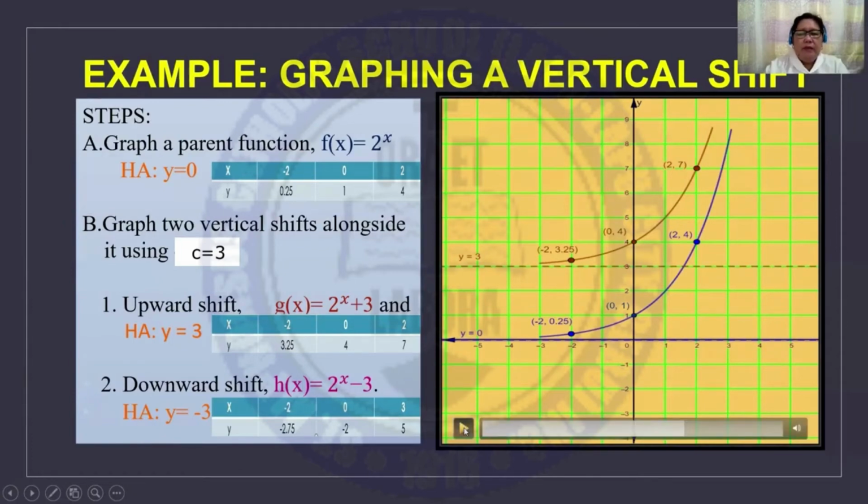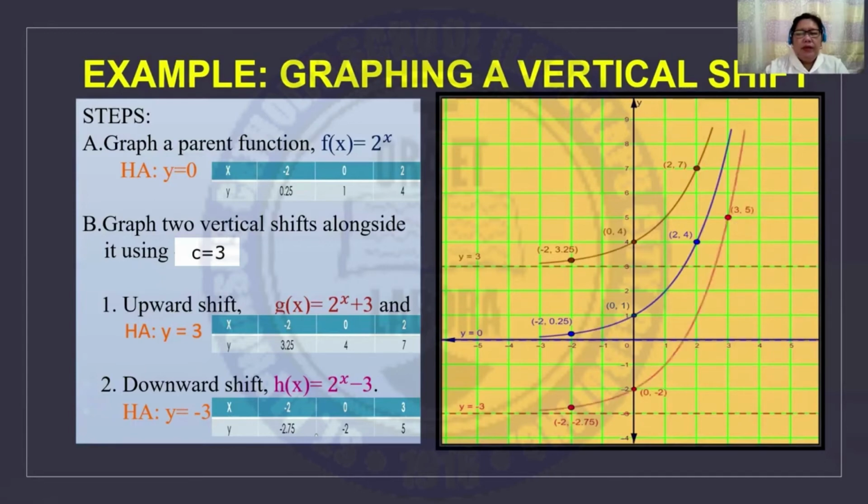Let us have the graph of the third function now. y is equal to negative 3 as the horizontal asymptote. Plotting the points, and then connect with a curve. As you can see, from 0, 1 to 1, 2, you shifted 3 units down. So this is an example of a vertical shift.